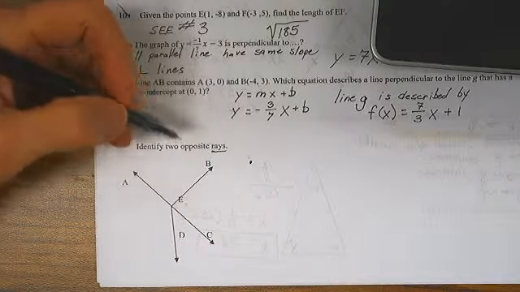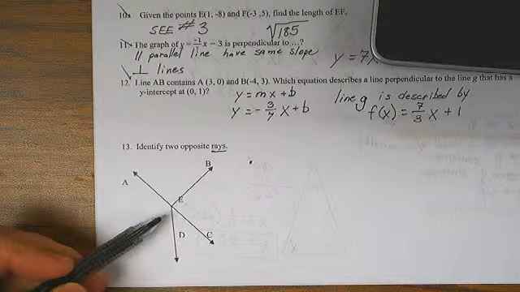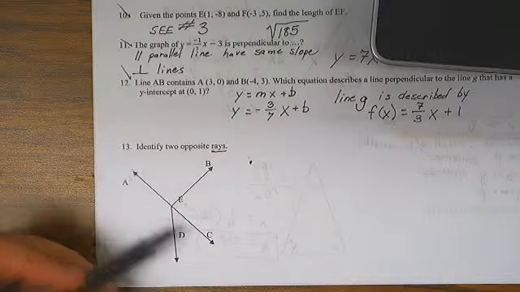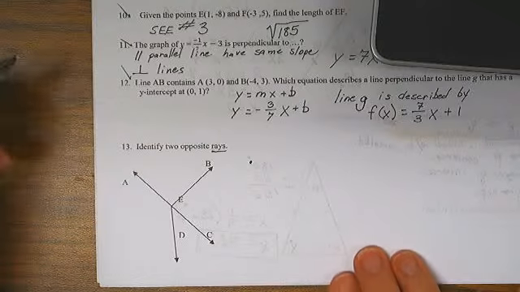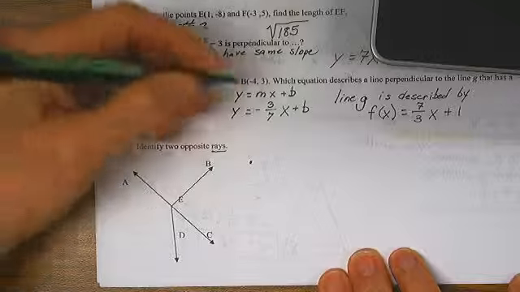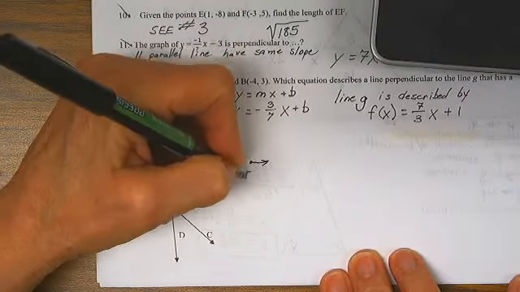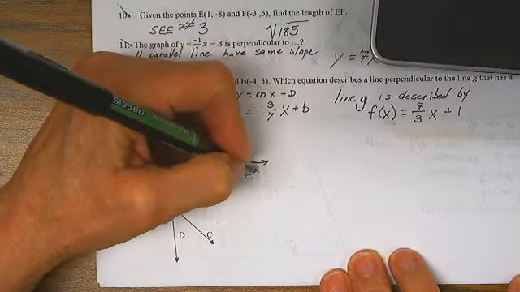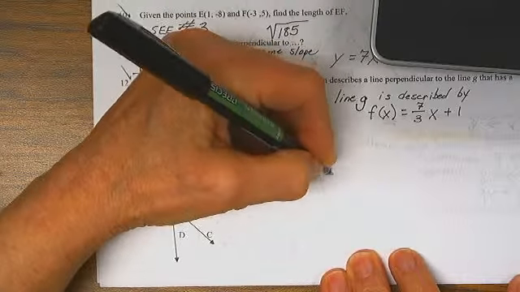Opposite rays are two rays that have the same endpoint but move in opposite directions to form a line. In this case, the two opposite rays are ray EA and ray EC.